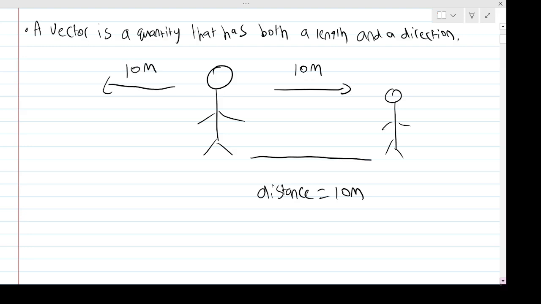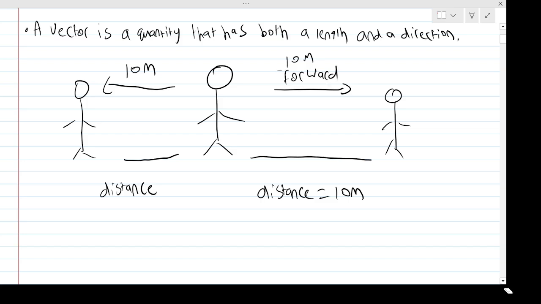But what about if instead they walked backwards by 10 meters, and then they ended up, say, over here? Well, the distance would still be 10. However, the direction, exactly where they went, forwards or backwards, is different.